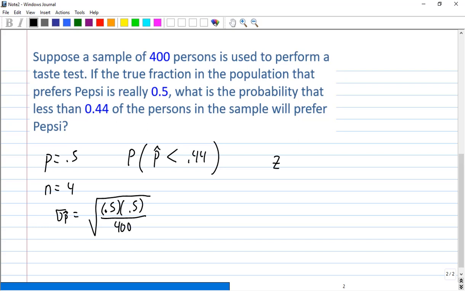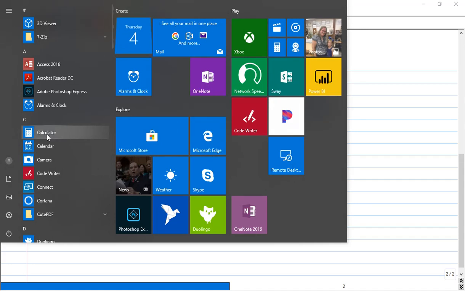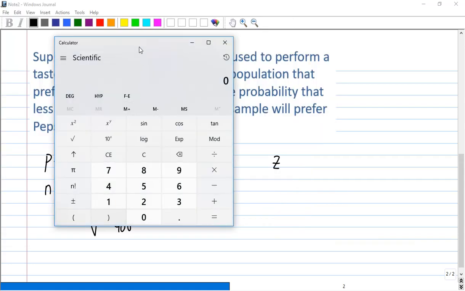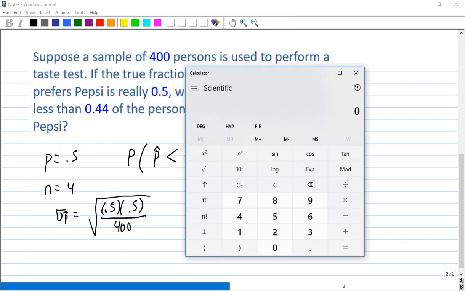Now, the most common mistake here that students make is they'll work out the inside, but then they forget to take the square root at the end. And I say students because I'm a student as well, and I've made that same mistake. So make sure after you do all this stuff here that you take the square root. If not, then we have the variance, right? So we've got to take the square root to get the standard deviation.